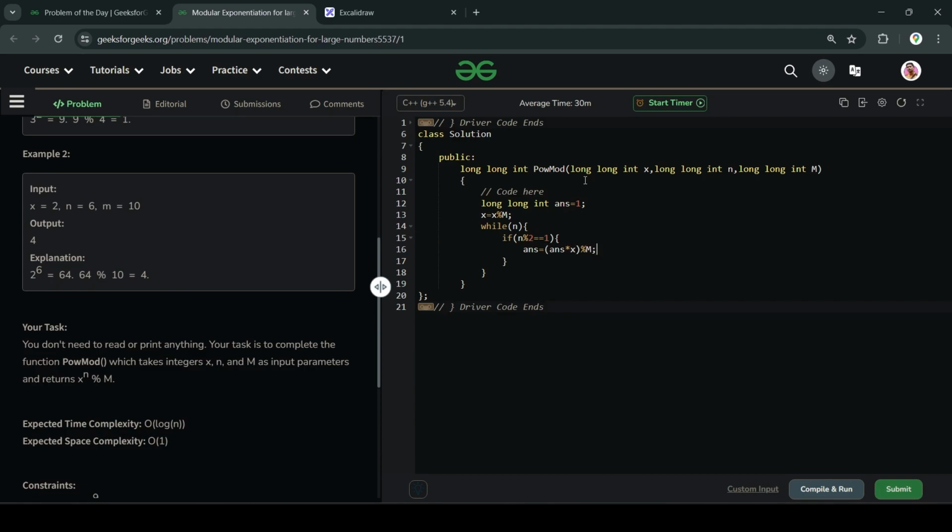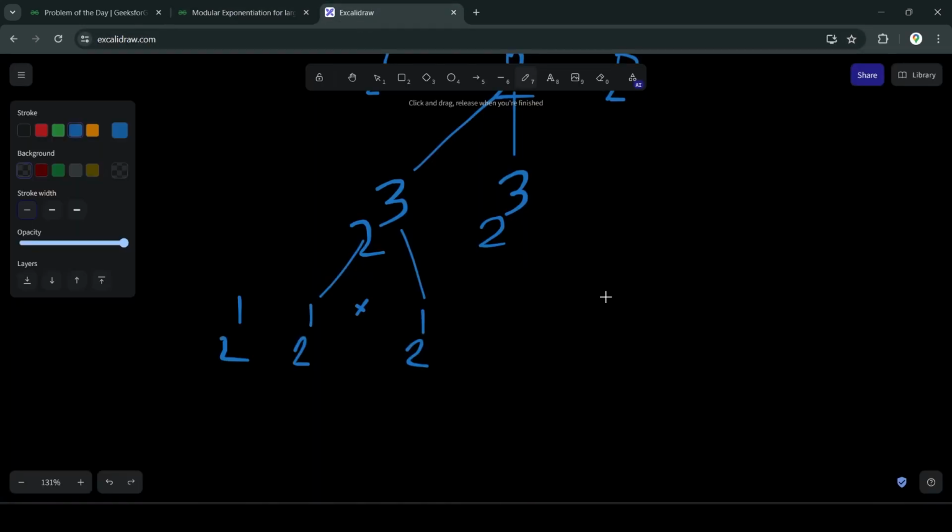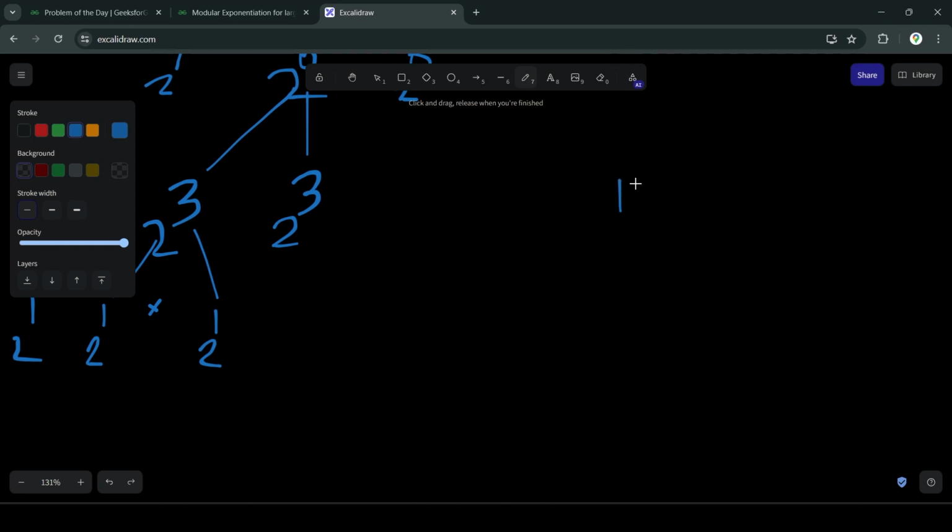Now we are taking one single instance, right? Let us take the example 13, and we are taking one here. Now it will remain 12, right? So we have to divide it equally.